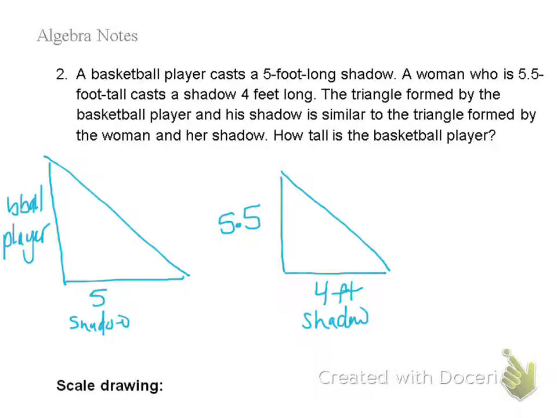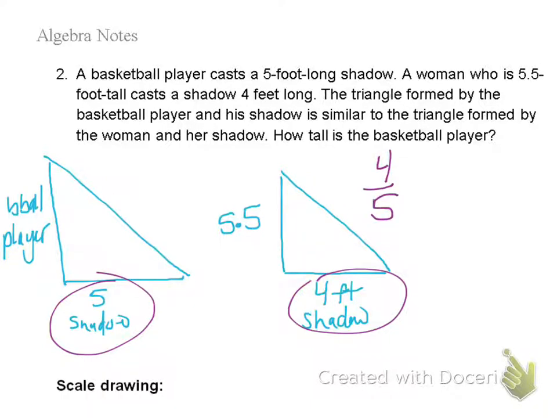So we can use a similarity statement for this. We know that the shadows are going to be corresponding. So we have 4 over 5 for the shadows is going to be equal to these other corresponding heights of 5.5 over x, because that's the one we're looking for.